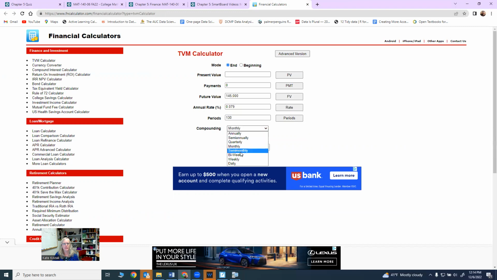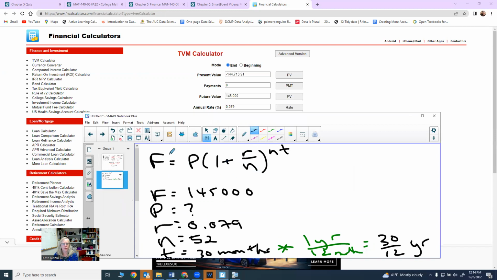And it is weekly, so we do need to change this to weekly. And then all we have to do is find the one we don't know, which is the present value. So there's my present value. It's negative because, again, it's going away from me. So that's why we consider it negative. If, again, I'd put this into the formula and solve this the exact same way, I would have gotten the same answer and found out what it is.